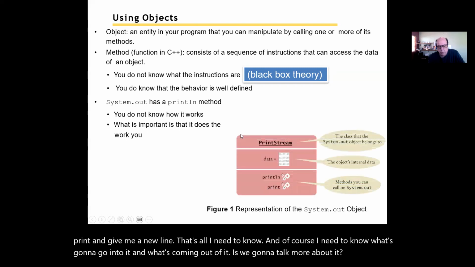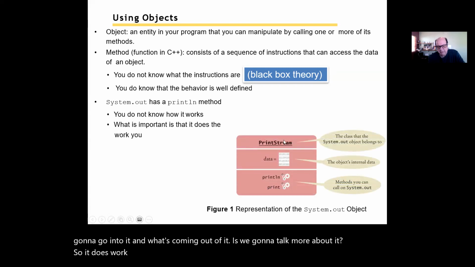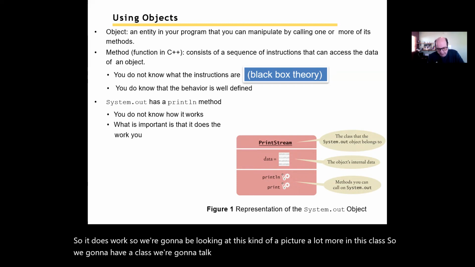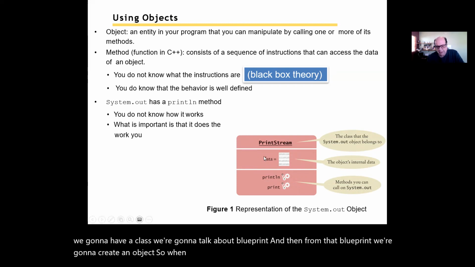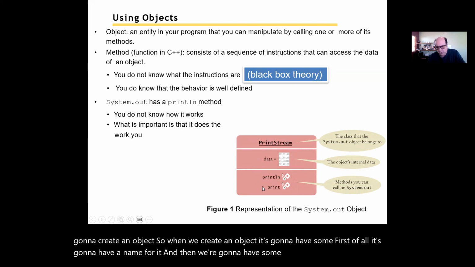So we're going to be looking at this kind of picture a lot more in this class. We're going to have a class, or we're going to talk about a blueprint. And then from that blueprint, we're going to create an object. When we create an object, first of all, it's going to have a name, and then some data, and then some methods.